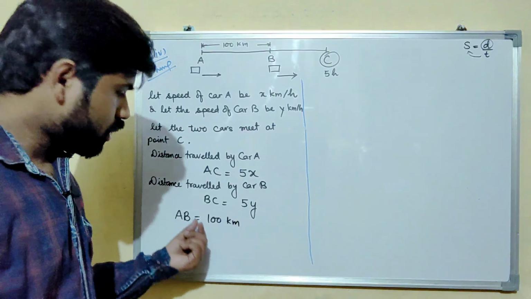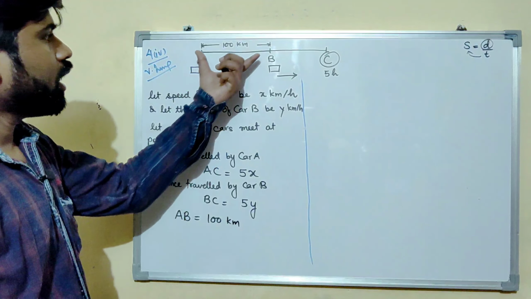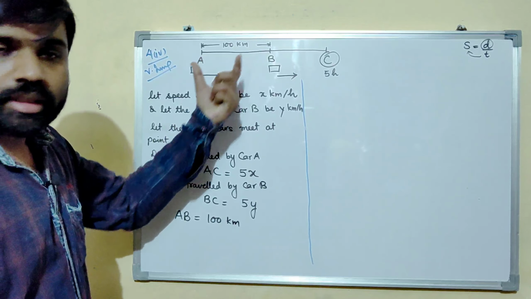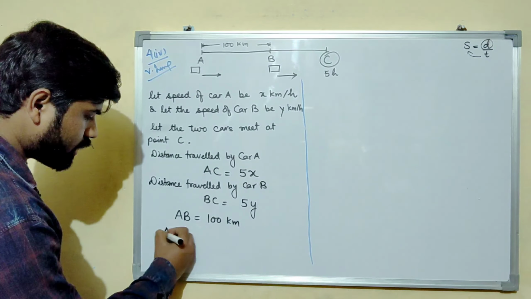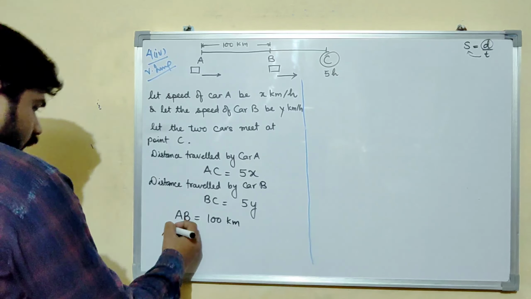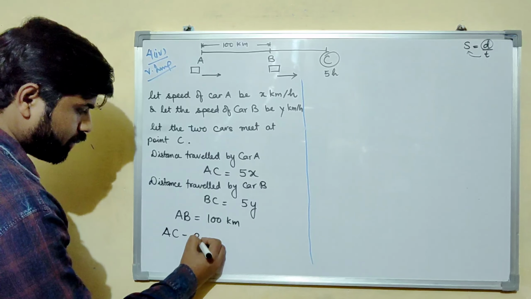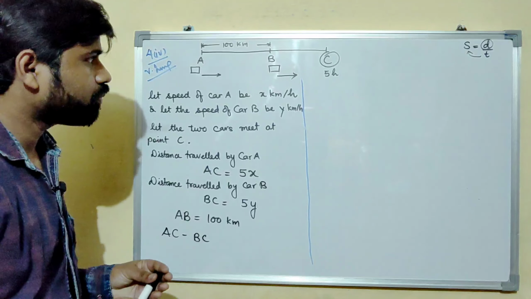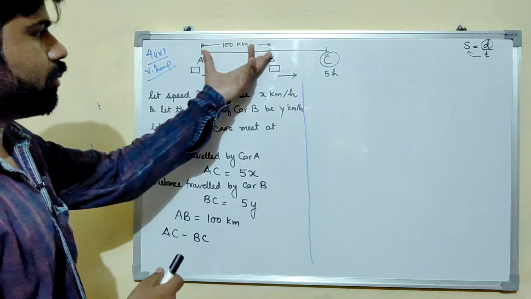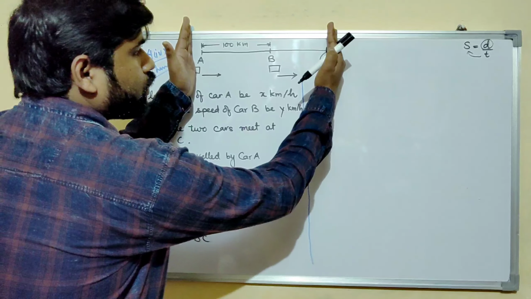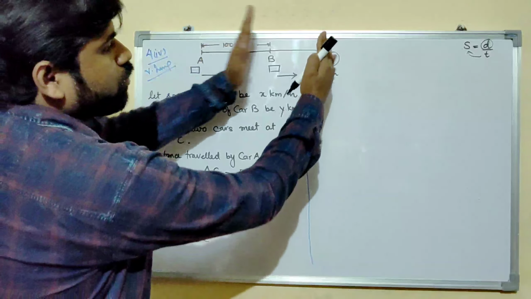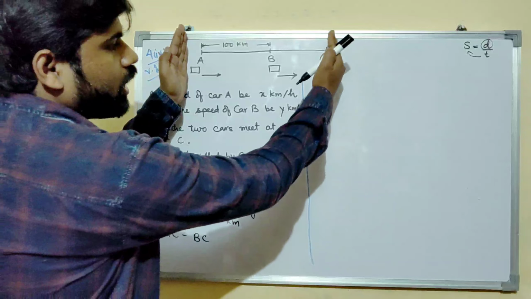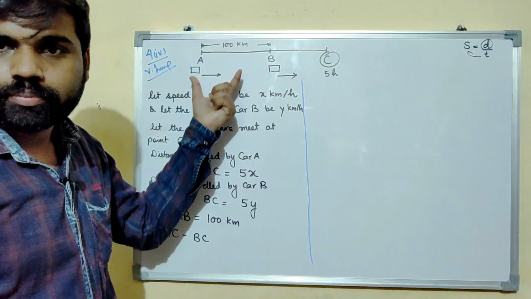Now let us try to split this AB. You can write AB as AC minus BC. Let's see how. You have to subtract BC from AC. That means remove this BC part from the whole AC, and you can get AB.